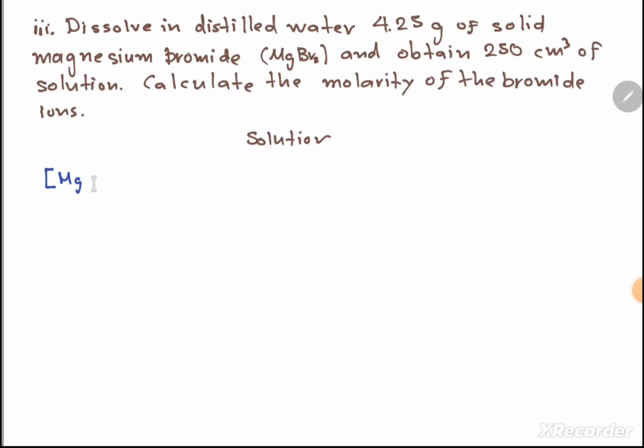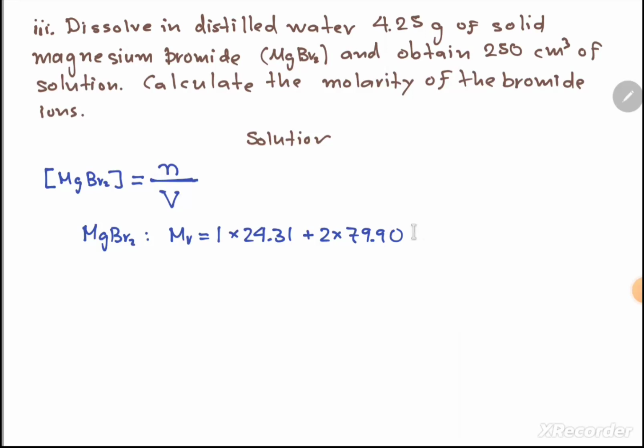The concentration of magnesium bromide is equal to the number of mole of solute divided by the volume of solution. We must find Mr for magnesium bromide, which is 184.11.